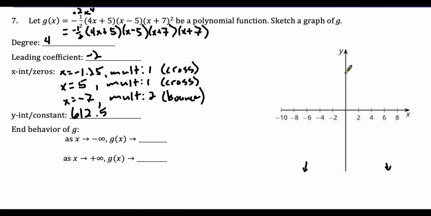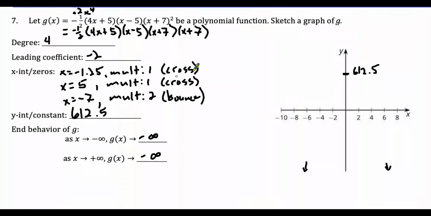So that would be my y-intercept. So I'll make that a mark up here, 612.5. Now, I guess to fill in my end behaviors, we already said they would both be going down. So that means both of these will be negative infinity.